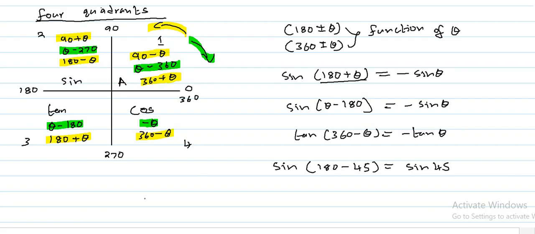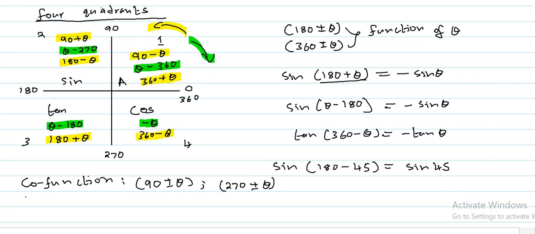So we also have cofunctions. The cofunction is when we see 90 plus minus theta and 270 plus minus theta. It says any function of 90 plus minus theta or 270 plus minus theta can be written as the cofunction of theta.